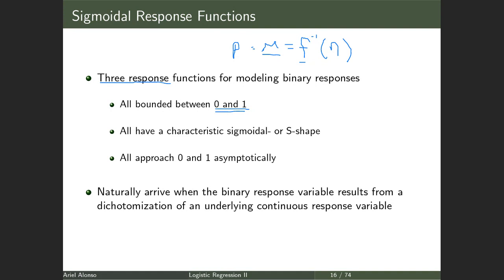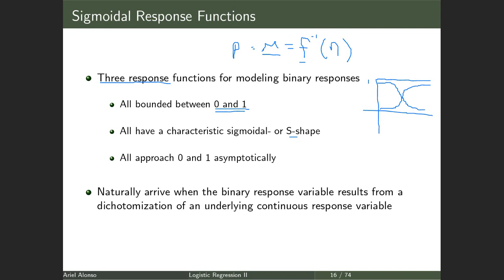They all will have this nice sigmoidal S shape, more or less like the logistic. They have to be asymptotic to 0 and go to 1. They can be like this, or obviously they can also go the other way, but they are going to have this S shape.